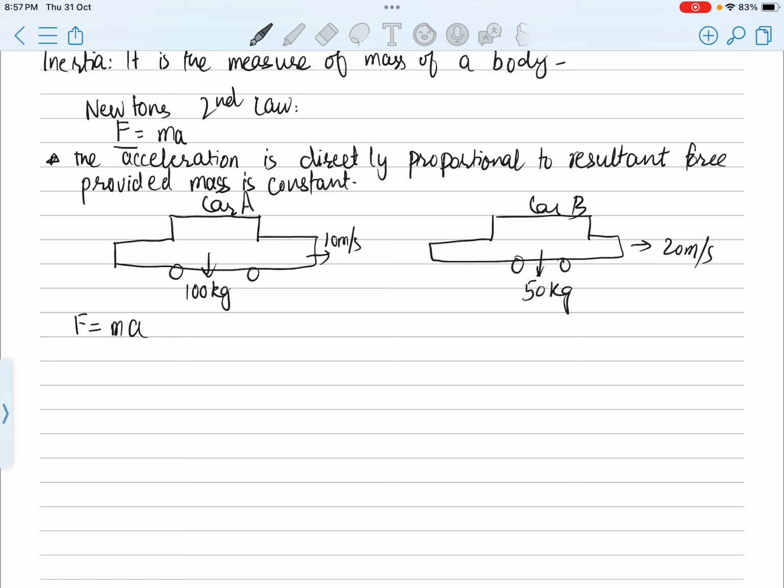So F equals ma. So in this case, the force is the resultant force. Sorry, I did something wrong here.